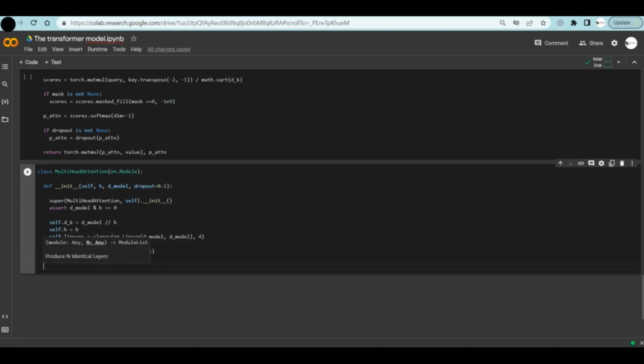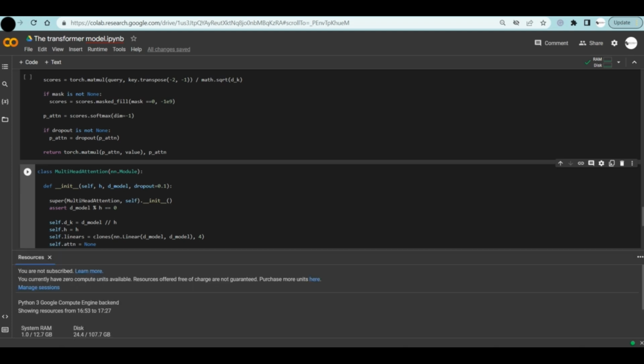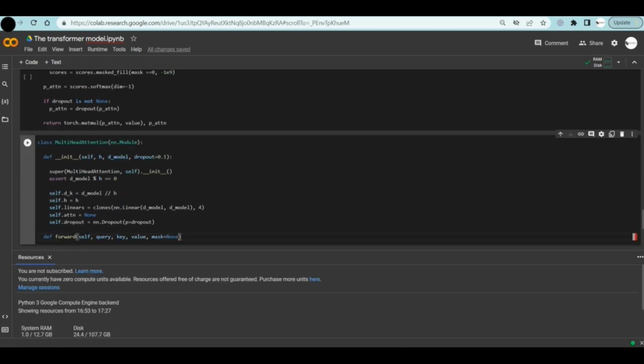Okay, then we have the forward pass, which takes in self, the query, the key, the value, and the mask equal to None. So before we continue, let's take a step back to remind ourselves.